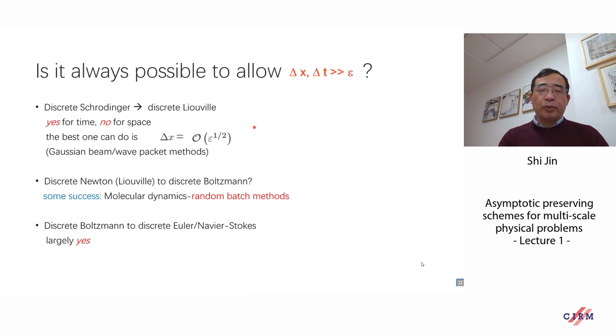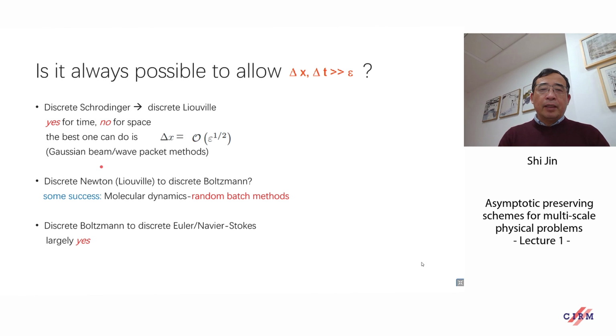So basically, we want to preserve these asymptotic limits numerically. If you start with the Schrodinger equation, you discretize it. You hope that when this epsilon, which is h bar, goes to 0, your continuous limit is the Liouville equation, but you hope you have a discrete Schrodinger. You take epsilon equal to 0, and you end up with some discrete Liouville equation.